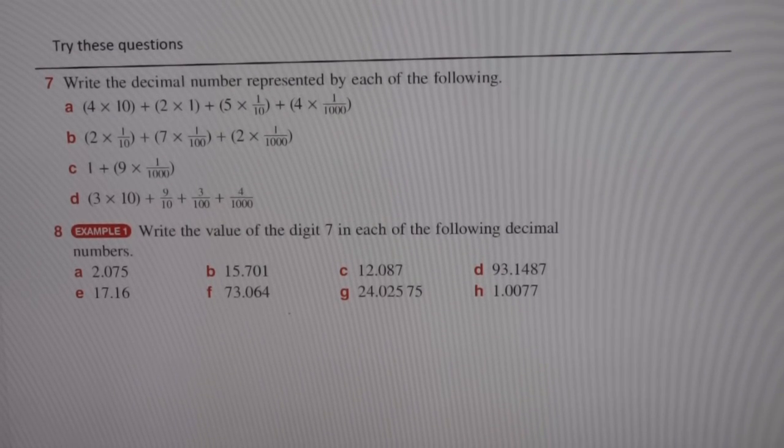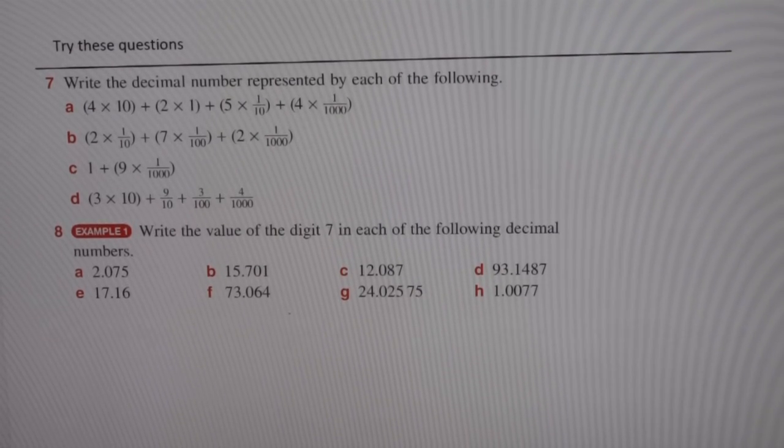Question 7, you have to write the decimal number represented by each of the following. So we've got 4 tens, 2 ones, 5 tenths, and 4 thousandths. You notice in this case that there are no hundredths.